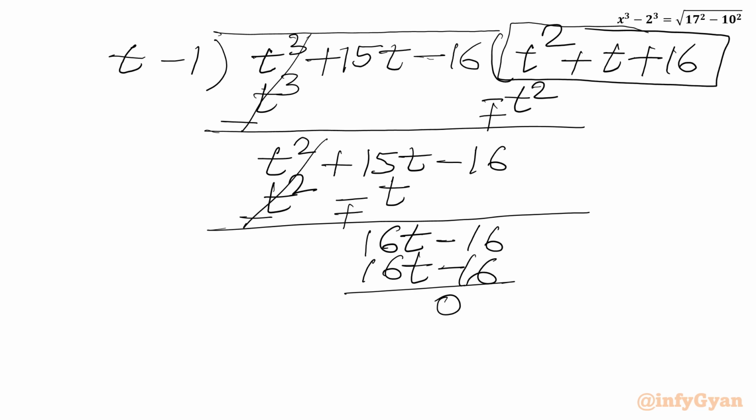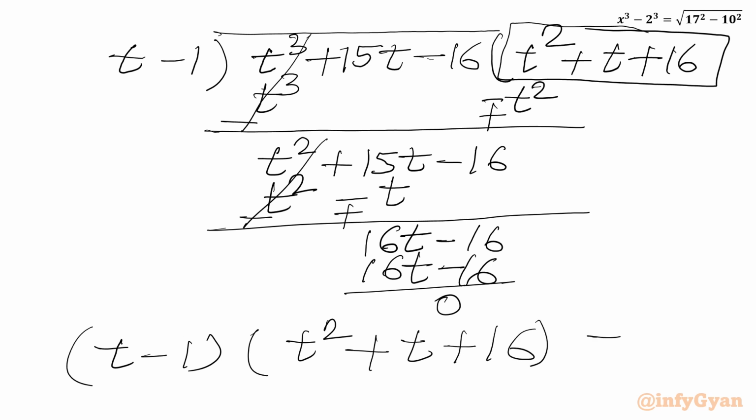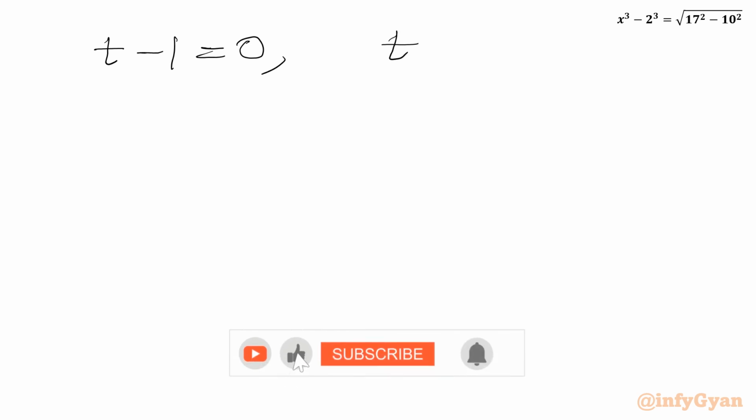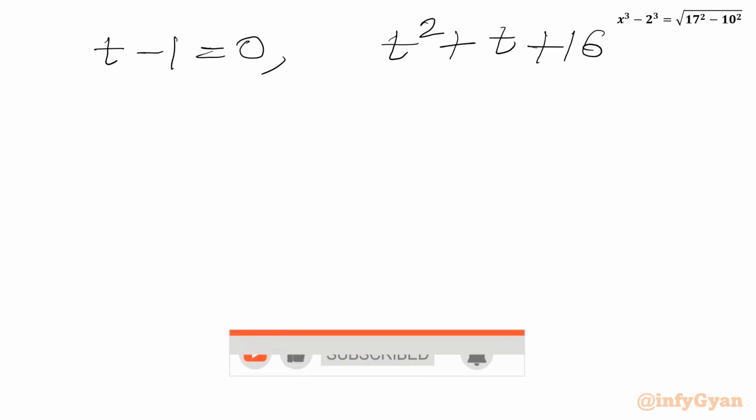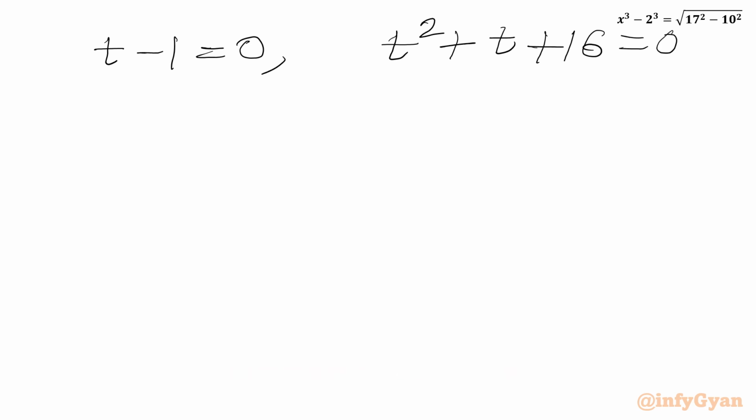So I can write t minus 1 times t square plus t plus 16 equal to 0. So from here I can conclude either t minus 1 will be 0 or t square plus t plus 16 will be 0. So from the first equation we can conclude t will be equal to 1.